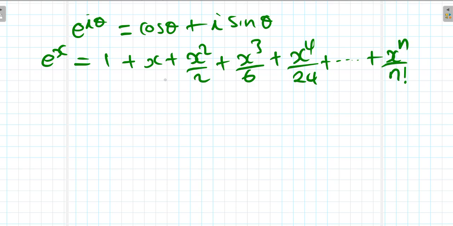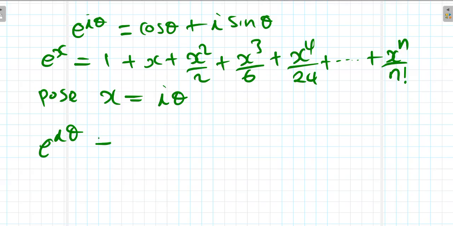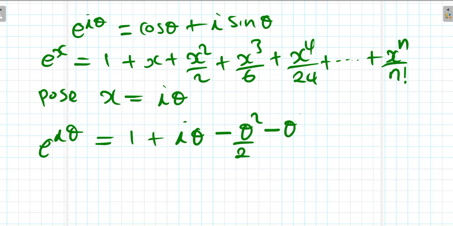Here we can just set x to be equal to i theta. This means that e to the power i theta will have a Taylor series expansion of 1 plus i theta minus theta squared over 2, then minus i theta to the power 3 over 6, and then plus theta to the power 4 over 24.